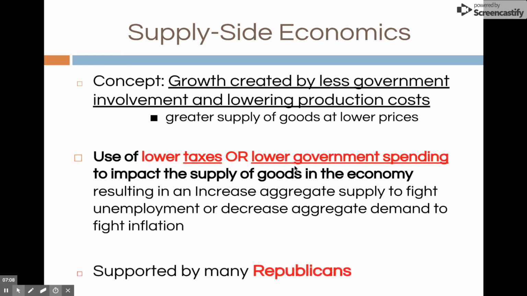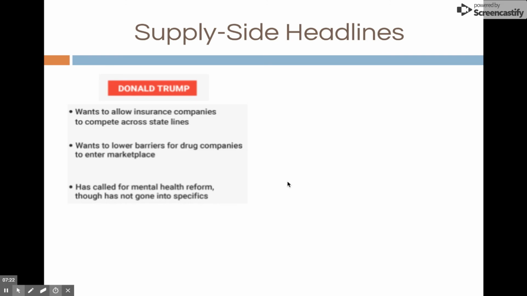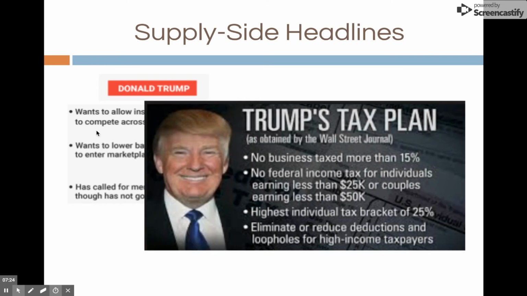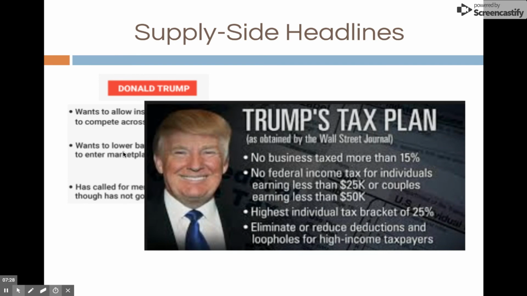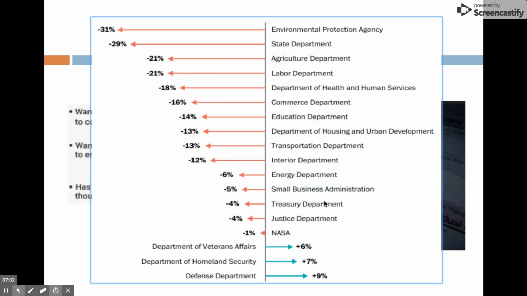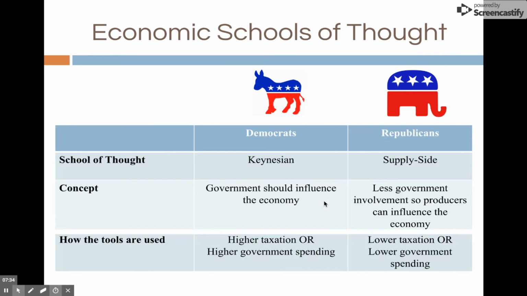Supported by Republicans, and they, again, would say this in a different way, but the whole idea is that by cutting costs, we allow producers to produce more, less taxes so they can produce more stuff, or lowering government spending. Look at Donald Trump's plans about regulating industries less, so less government spending and lower taxes. Those two ideas support a Republican idea.